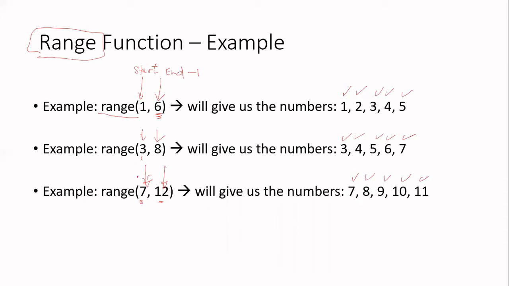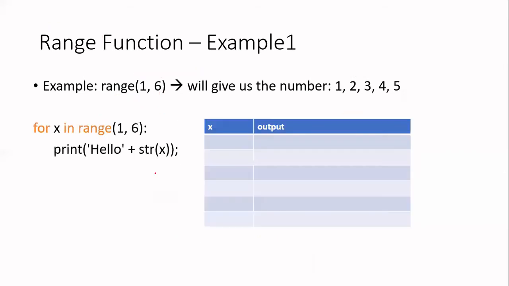So this is how the range function works with 2 parameters. Recall that when we used range with 1 parameter, that gave us numbers starting from 0, and then we stop 1 less than the number that is specified.